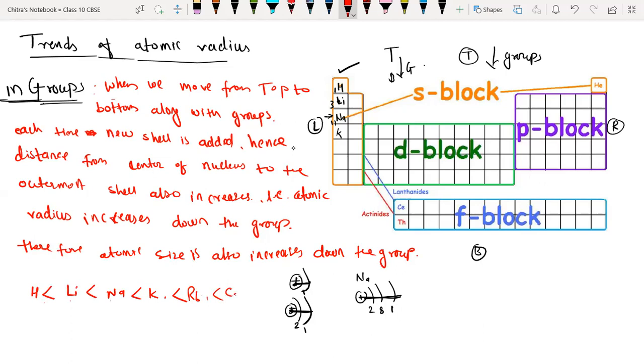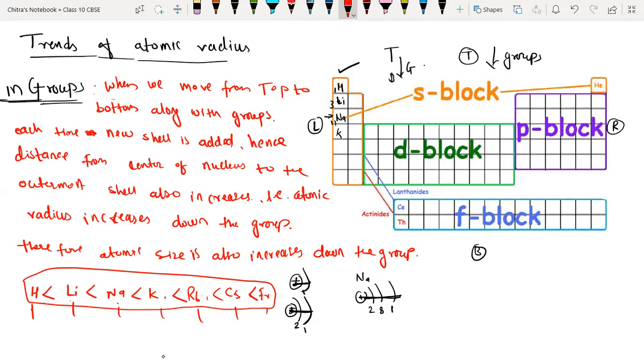It is like a phonic song in order to remember the names: Happy little nasty kids rubs cat's fur, that is H, Li, Na, K, Rb, Cs, Fr. So likewise, we can compare the size of elements from the same or different group. Understood?